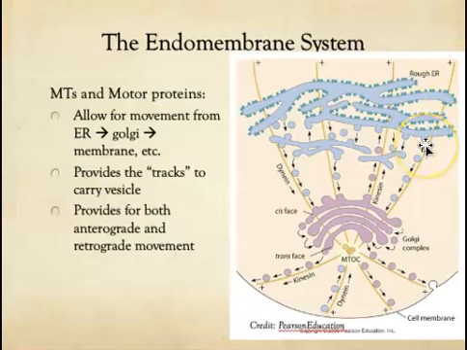So you would need a motor protein that's capable of traveling retrograde towards the minus end, which is over here. You would need a dynein, a cytoplasmic dynein, to carry cargo from the rough ER down into the Golgi apparatus. So both motor proteins are critical for moving things along and throughout the endomembrane system.